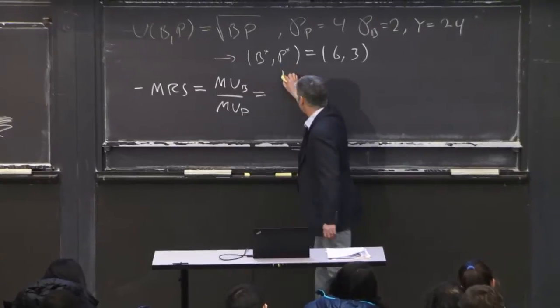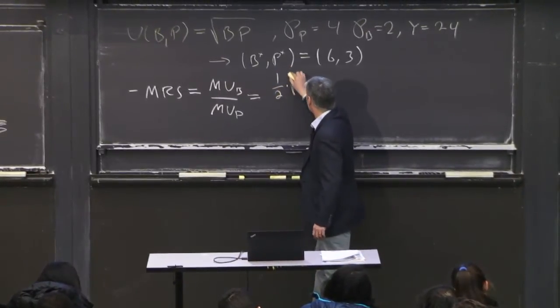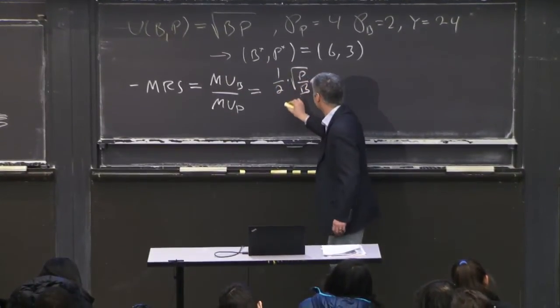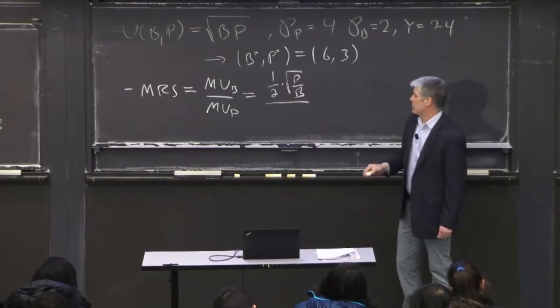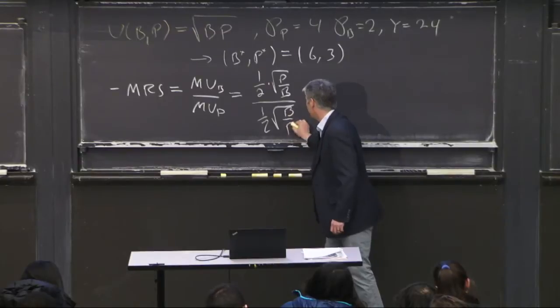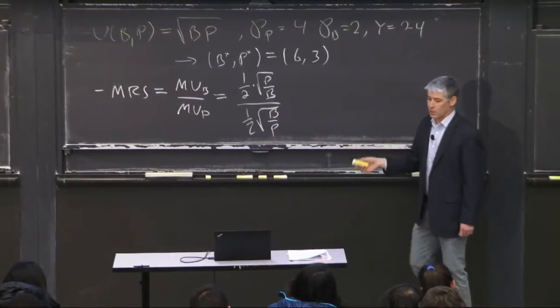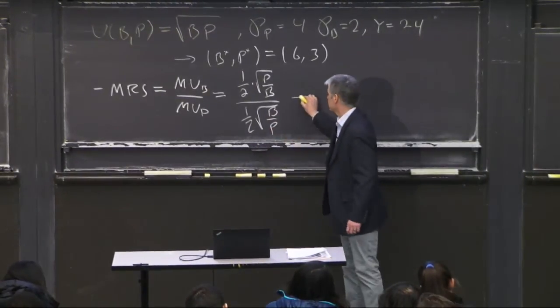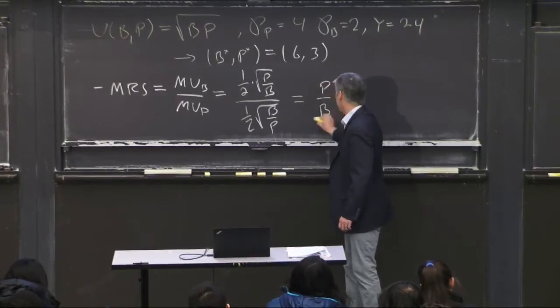Marginal utility of b is 1/2 times the square root of p over b. And the marginal utility of p is 1/2 times the square root of b over p. Put the two together, and I get that this is equal to p over b.